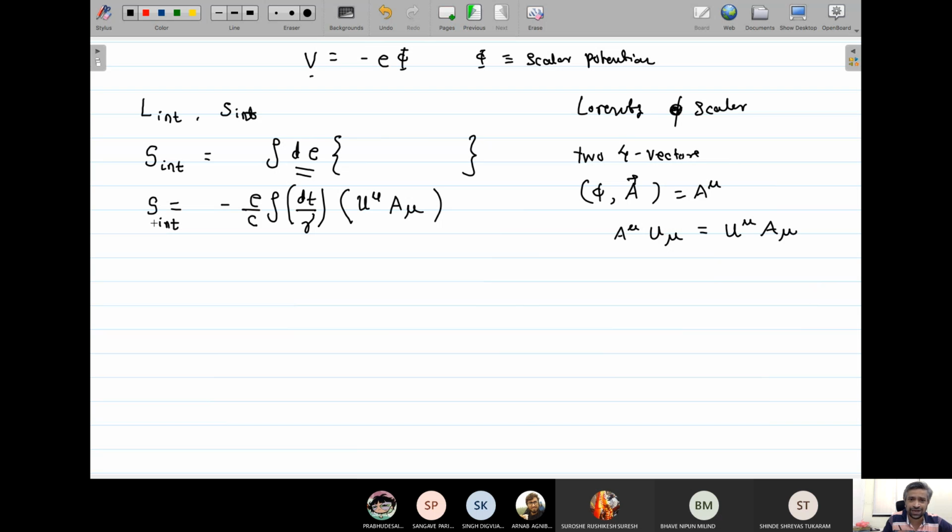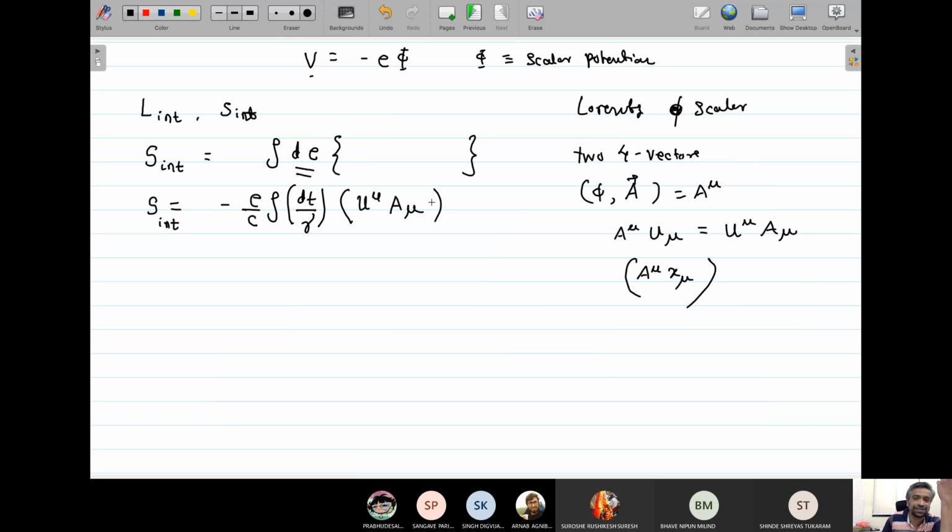But there is one term which is possible, which is not higher order, and still is a Lorentz scalar. Suppose I consider A mu x mu. There are coordinates also, right? There are coordinates apart from the 4-velocity. I have 4 coordinates, so I can construct this quantity also. But you see that if I put it here, the action is not translationally invariant.